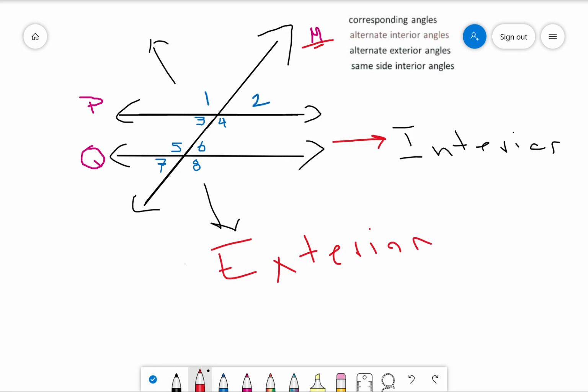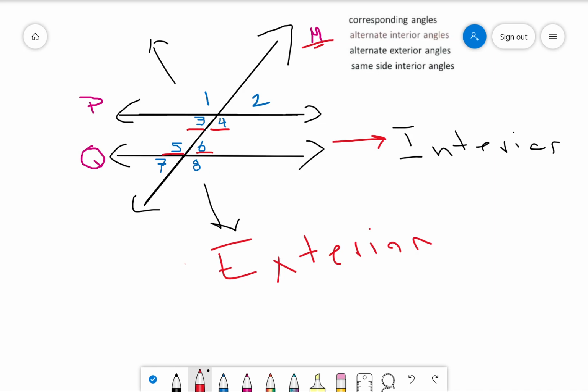Angles 3 and 6 are alternate interior angles. They are congruent, so alternate interior angles are congruent. Other than angles 3 and 6, angles 4 and 5 are also alternate interior angles.